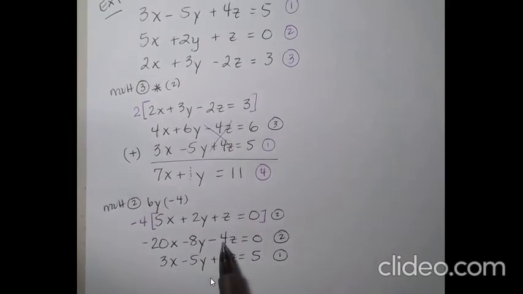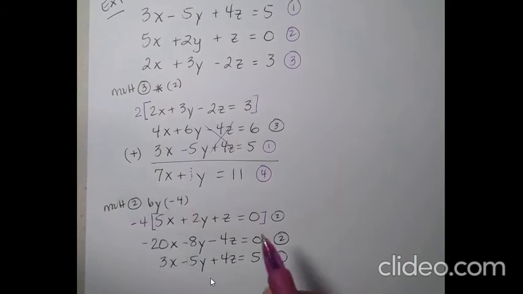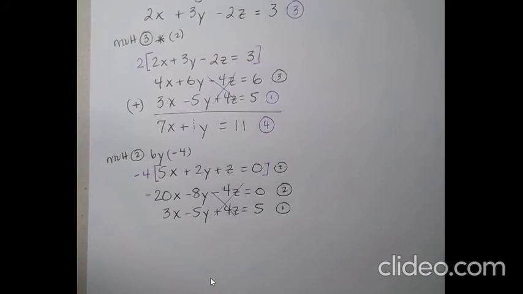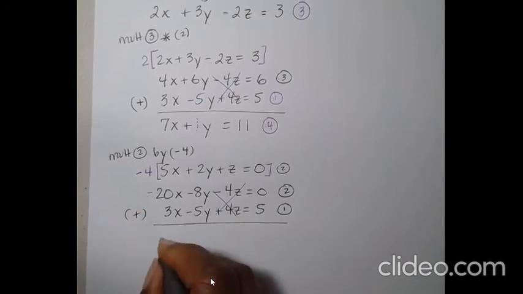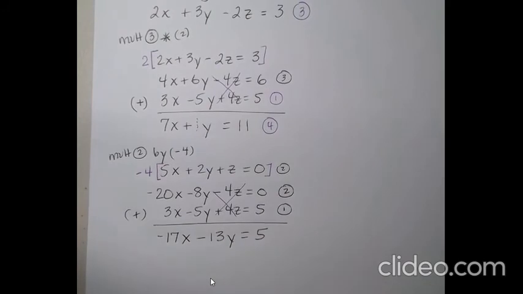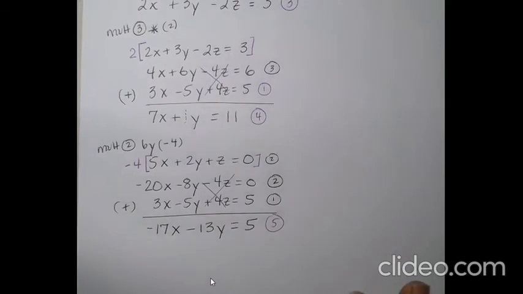Well, the key again is we have an equation left that's x and y, but we need to now eliminate the z's. So we can cross off those two z's. We are adding these equations again. So we've got negative 17x minus 13y equals 5. This we are calling now equation 5.